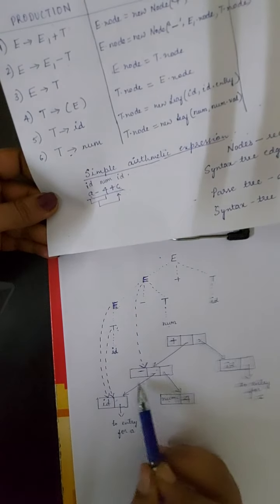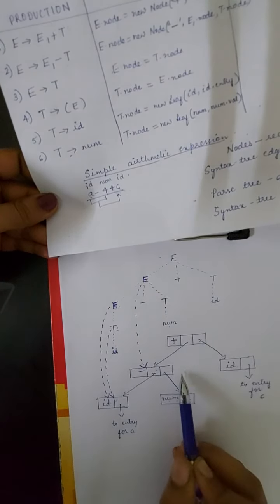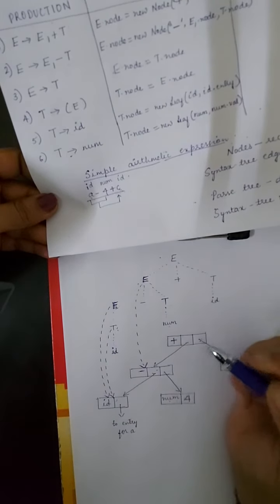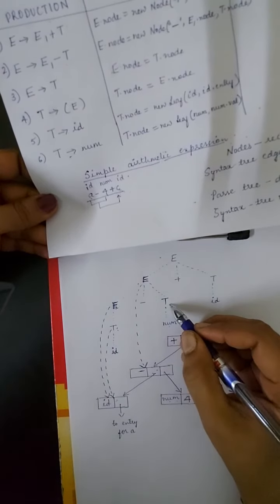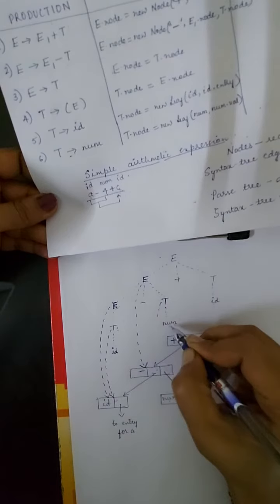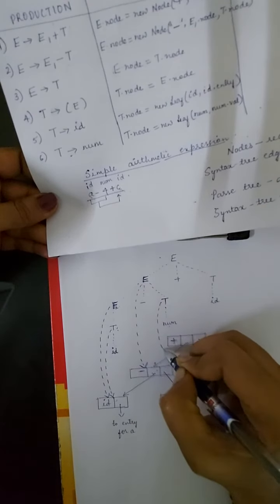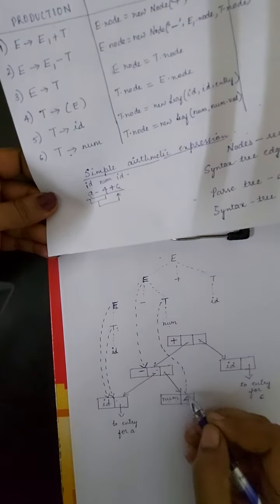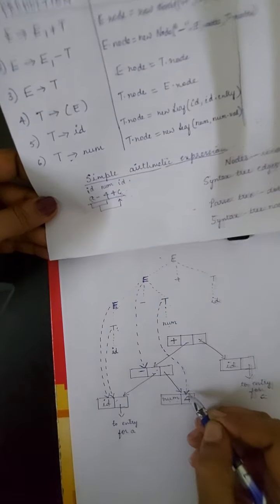Which is stored in this object. Okay. So it is pointing using a dashed line, syntax tree node. Okay. And what is T pointing to? T is pointing to num. Right? See, over here it is pointing to num, or it produces this object. So through the dashed lines, I will be pointing it over here.